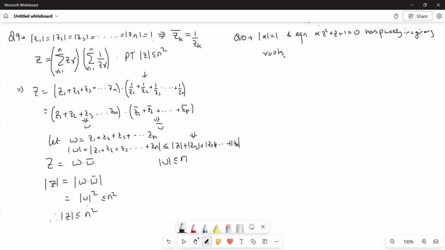Then find the value of tan of the argument of alpha. If mod alpha is equal to 1 and the equation alpha z square plus z plus 1 has purely imaginary roots, then find the value of tan of argument of alpha.